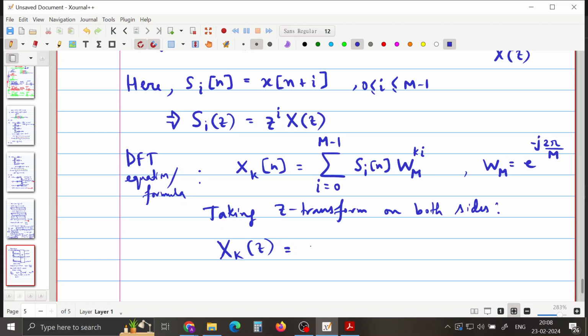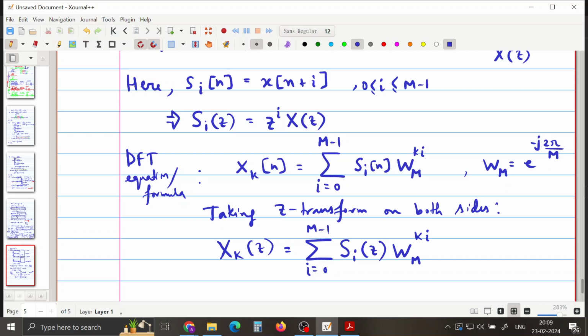On the right hand side, you have the summation, i running from 0 to capital M minus 1. You take the z transform of Si of n to get Si of z, right? And this term remains the same because it's just a linear combination, independent of n. So by the property of linearity, you can just write this.